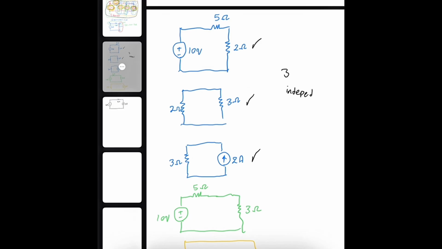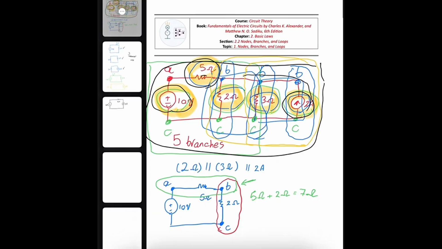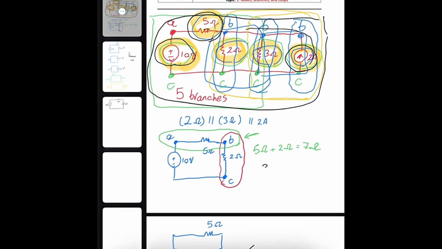I'm going to write it over here. Independent loops: 3. We also had 3 nodes.